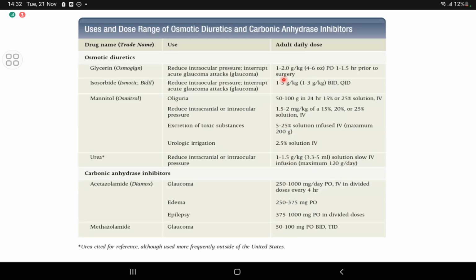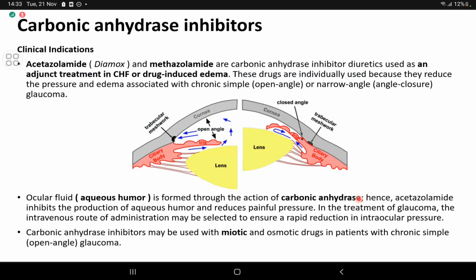So this is the range of the drugs and when you are going to use them. For example, mannitol is used for glaucoma. Okay, that finishes the first drug. The second drug we are going to study today is the carbonic anhydrase inhibitor.